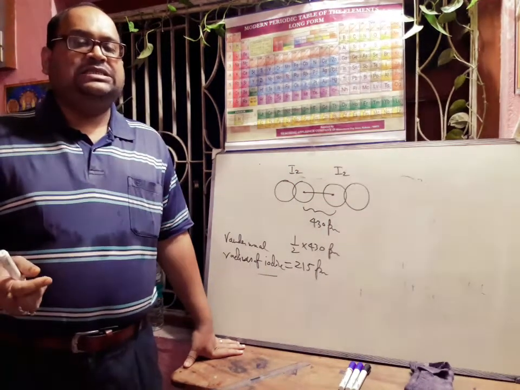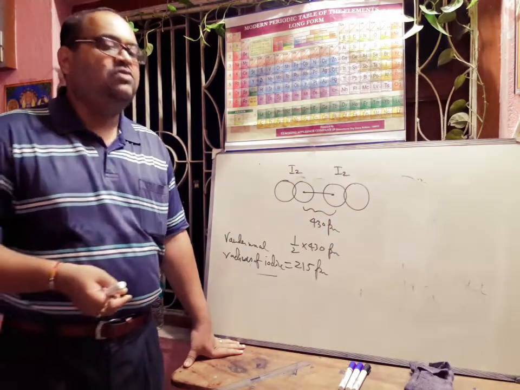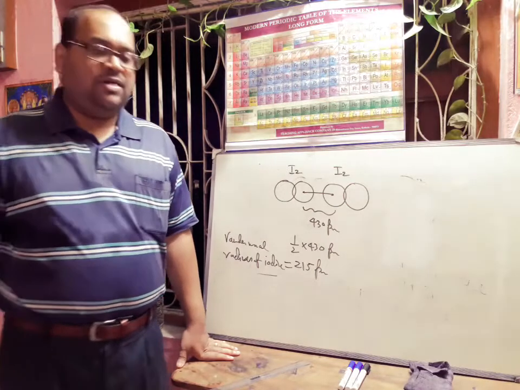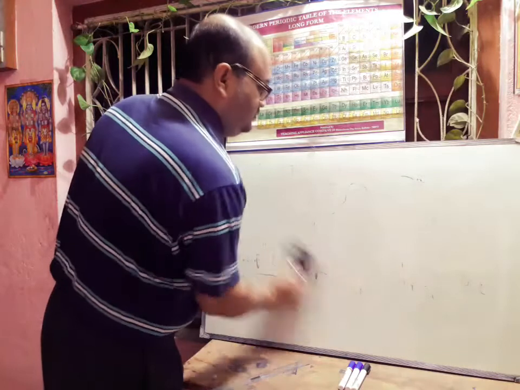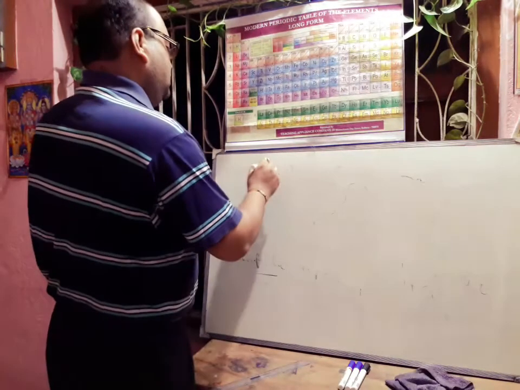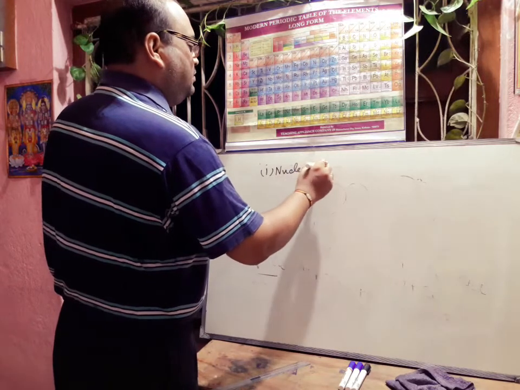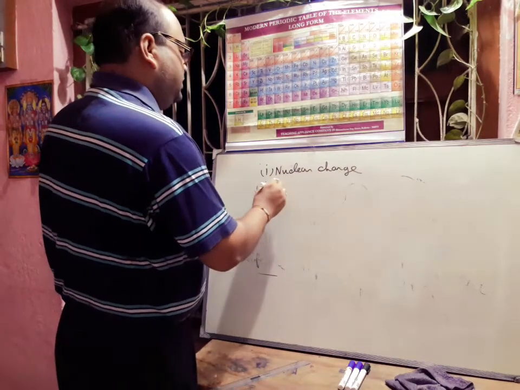Now, the factors on which the atomic size depends. There are mainly two factors. One is nuclear charge, another is number of orbits.